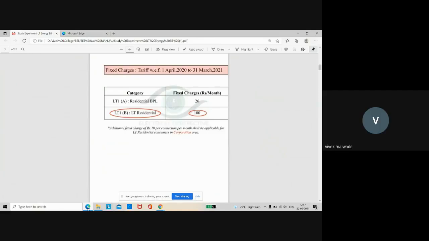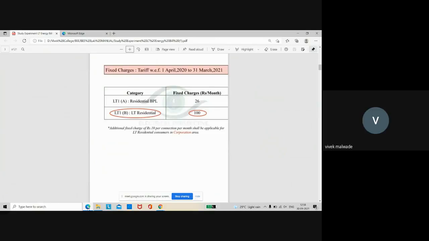Okay, and second is LT1B, which is ours, that is LT residential, and for that the fixed charges charged per month are 100 rupees. An additional charge of rupees 10 per connection per month shall be applicable if the LT residential consumer is in a corporation area. Means if you are staying in a corporation area, महानगर पालिका area में अगर आप रहते हो, additional rupees 10 can be charged.